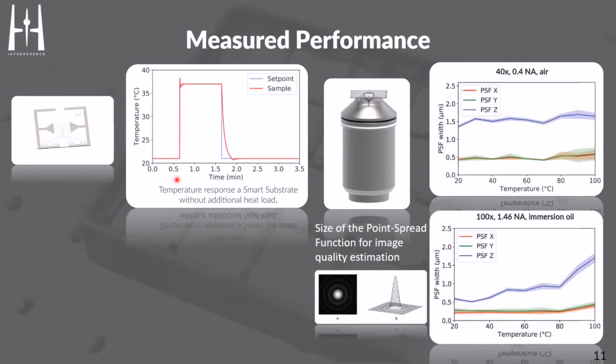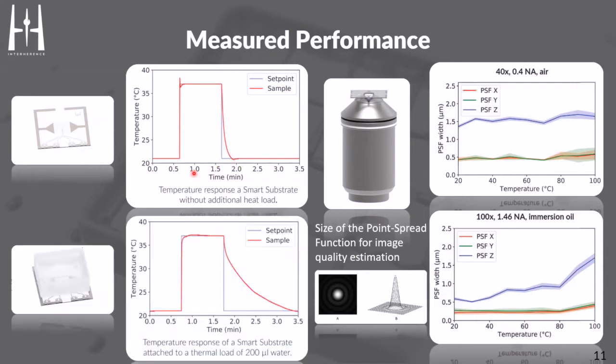With no additional substrate on top, we measured this red curve, which fits very well to the set point value, so we can achieve heating rates of up to 100 degrees Celsius a second in this case. And since the system is not cooled, the cooling rate is dependent on your room temperature only. And this can also be done with liquids.